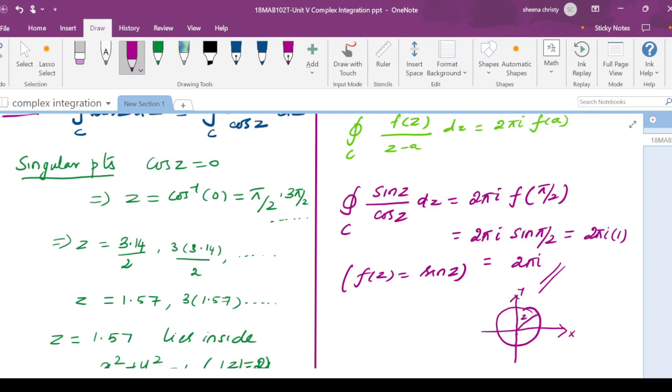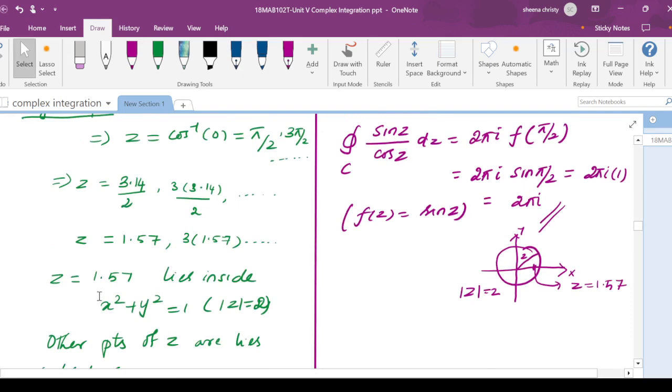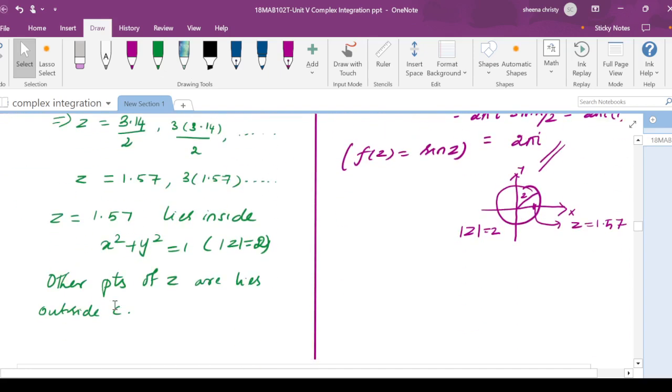So you can observe that z equal to 1.57 definitely lies inside the circle mod z equal to 2. So we are going to evaluate this integration value by making use of Cauchy's integral formula. The other points of z lie outside the circle.